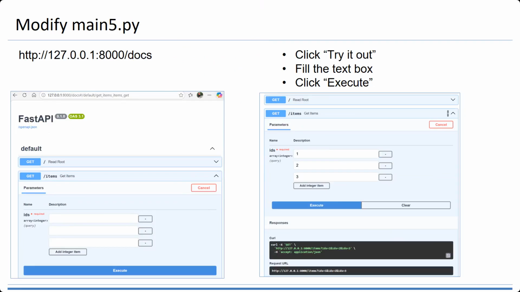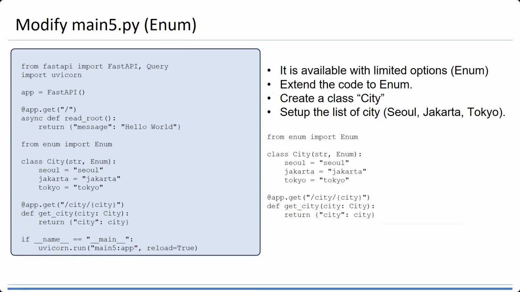The other kind of data type is enum. Enum, or sometimes we call it enumeration. It is available with limited options. So we have some options and then you can select only among the options.